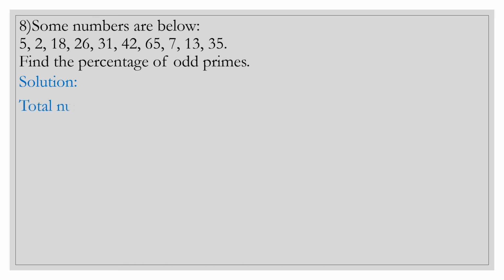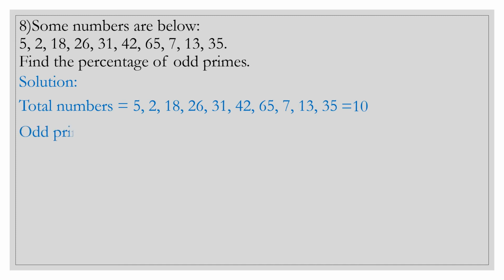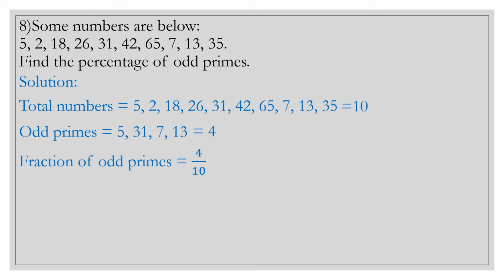First, write total numbers, write down all the numbers and count, which is equal to 10. So write down 10. Now identify all odd primes, which are 5, 31, 7 and 13. Now count them, which is equal to 4. So write down 4. And the fraction of odd primes is equal to 4 upon 10.